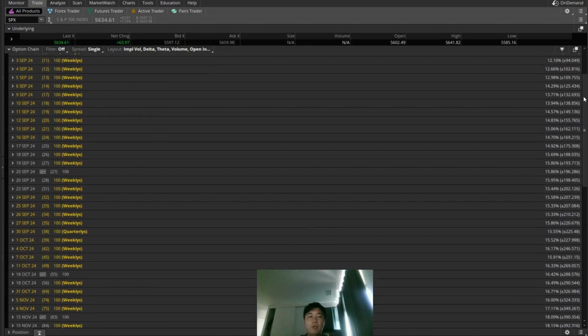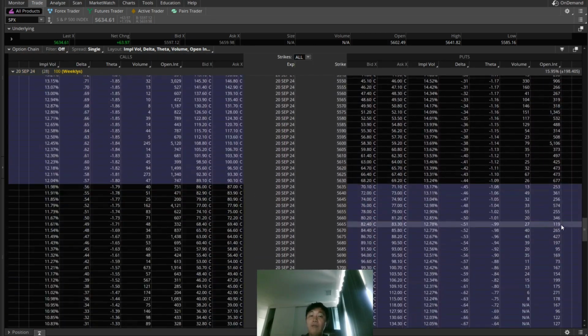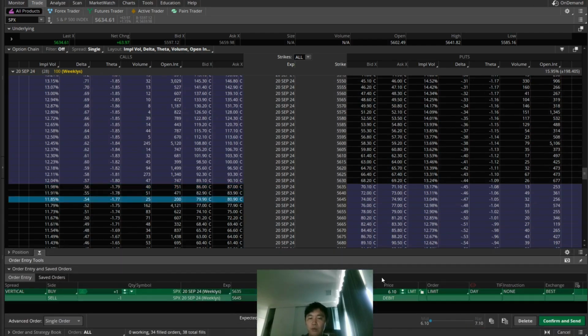And a lot of people would put their expirations really far out, and the problem with that is that if you're right, so for example, if you're going bullish and you bought a $10 wide call spread, if you're right immediately, and say even if this thing moved like $50 in your favor, you're just not going to make that much money. You would have made $100 if the SPX moved up $50 on a $10 wide spread, and that is just extremely disappointing.